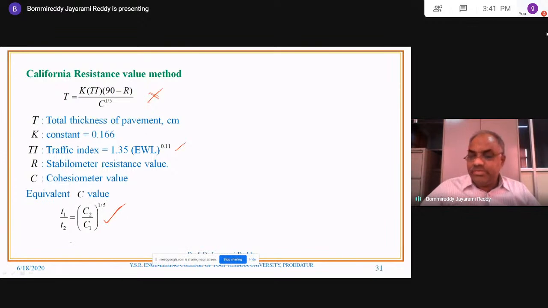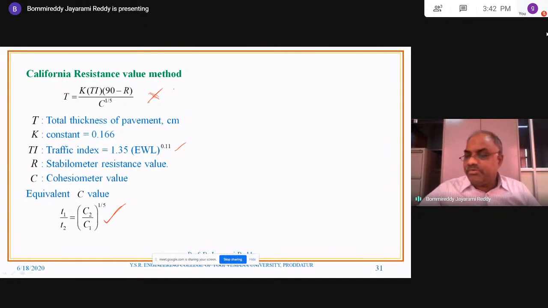Out of these 4 parameters, 3 may be given and the 4th parameter may be the question. Don't try to remember such formulas. Several such formulas will come now, and I will put marks on them. Don't remember those equations. It is only to have some idea about the flexible pavement design methods.